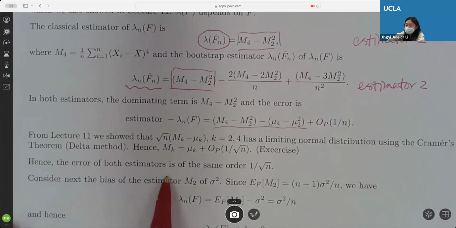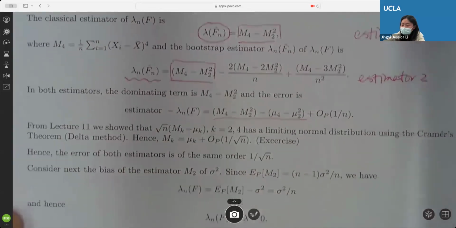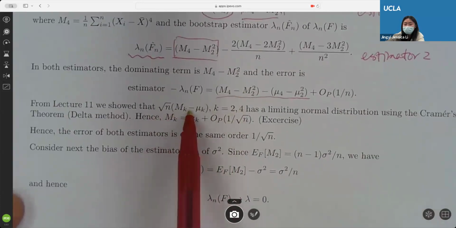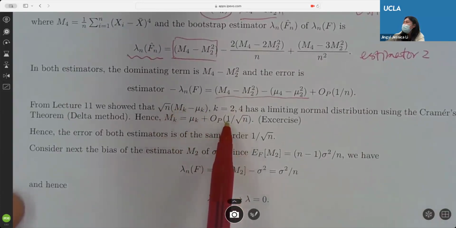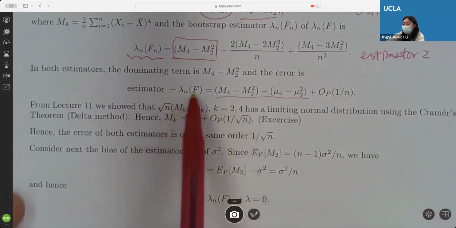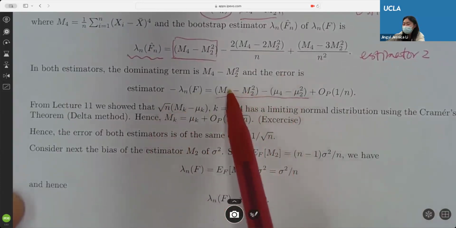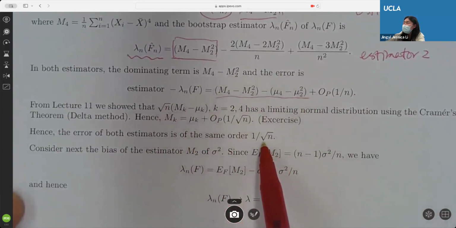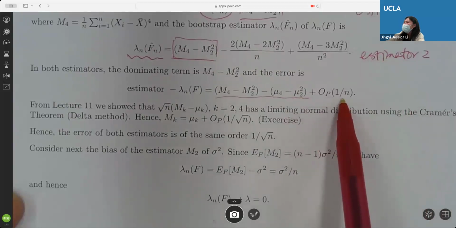So now you see that in this case, because we know this stabilizes with the limiting distribution, we can say that the error itself is in the order of 1 over root n, right? Because we multiply that by root n, then we get a stabilized distribution. So therefore, we can say this dominating term has the order 1 over root n. And the difference between the two estimators is in the order of 1 over n.